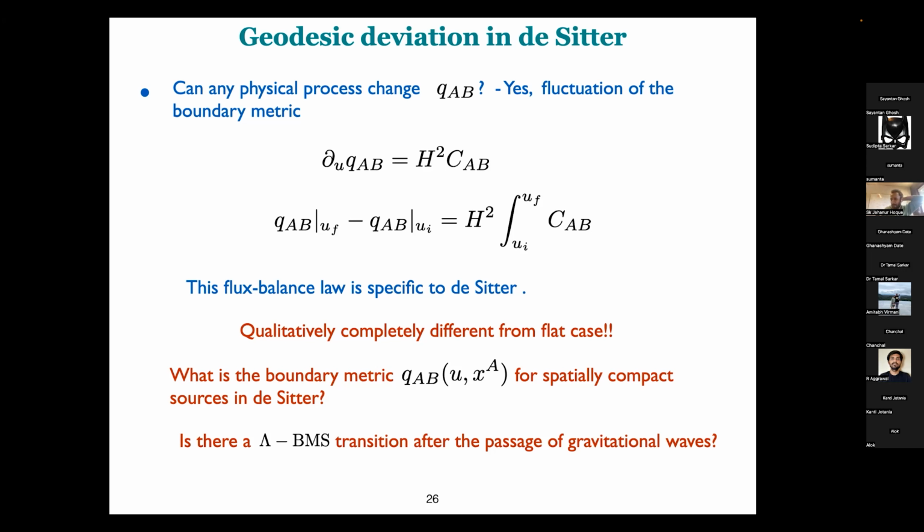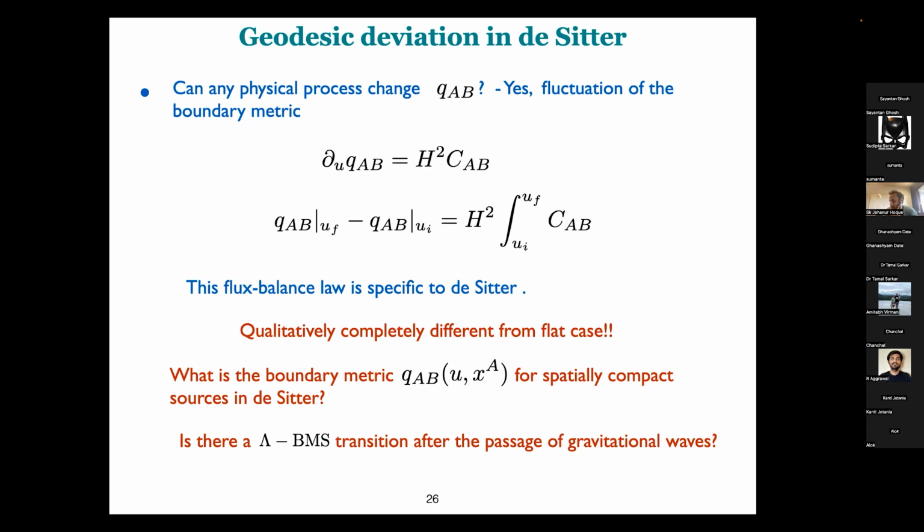Well, Jahanur, integrating just that equation, I ask again: it's clear that if your C falls off as 1 by U at late U, like in flat space, then your Q will have a logarithmic divergence at late U, right? So is there a good reason to believe that the integral is convergent if you take UF to infinity or UI to infinity? Or what if your Q has a logarithmic divergence in U?